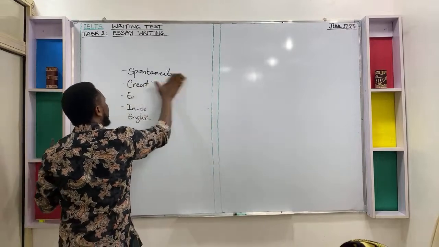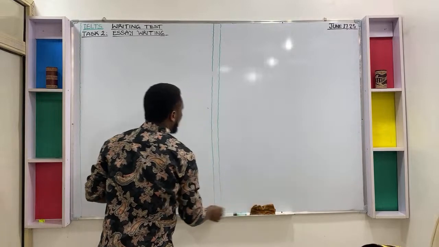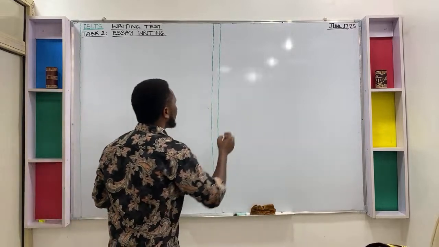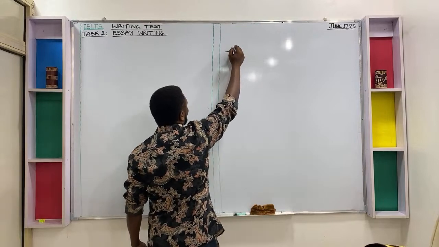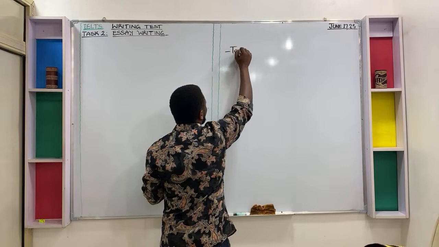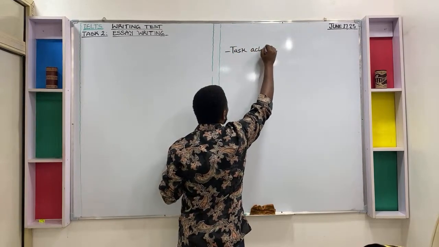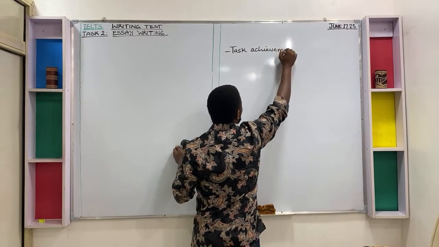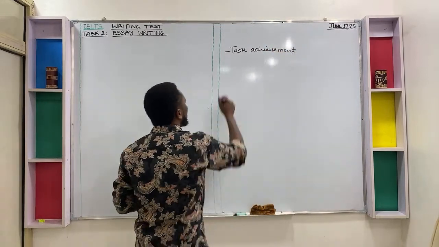Then, in a writing test, examiners evaluate what you have done following four major areas. The first one is what we call task achievement. Examiners evaluate your ability to achieve the task that has been given to you to solve.